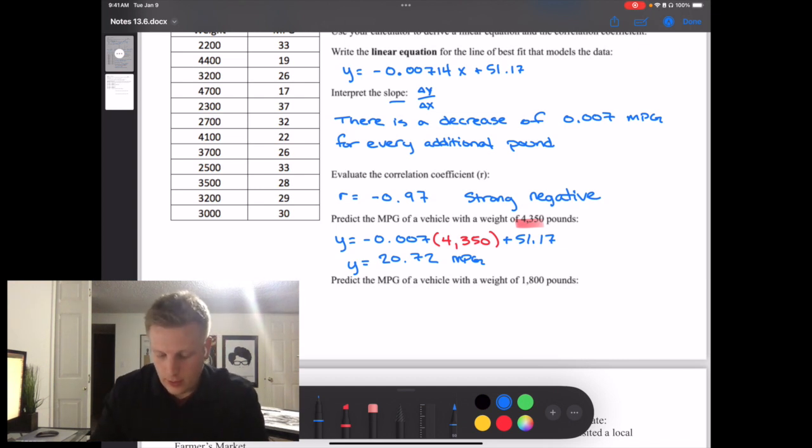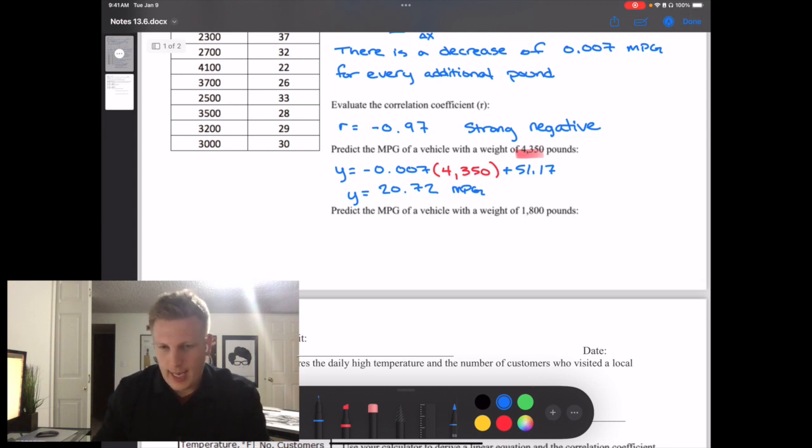And then we'll do the same thing for this next one. This time it looks like we have 1,800 pounds. So going to my equation, negative 0.007, and then I'm using my 1,800 pounds here in order to complete this one.